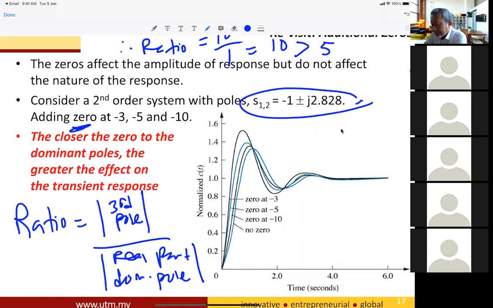Meaning that a zero at -3 gives a faster response compared to zeros at -5 and -10.